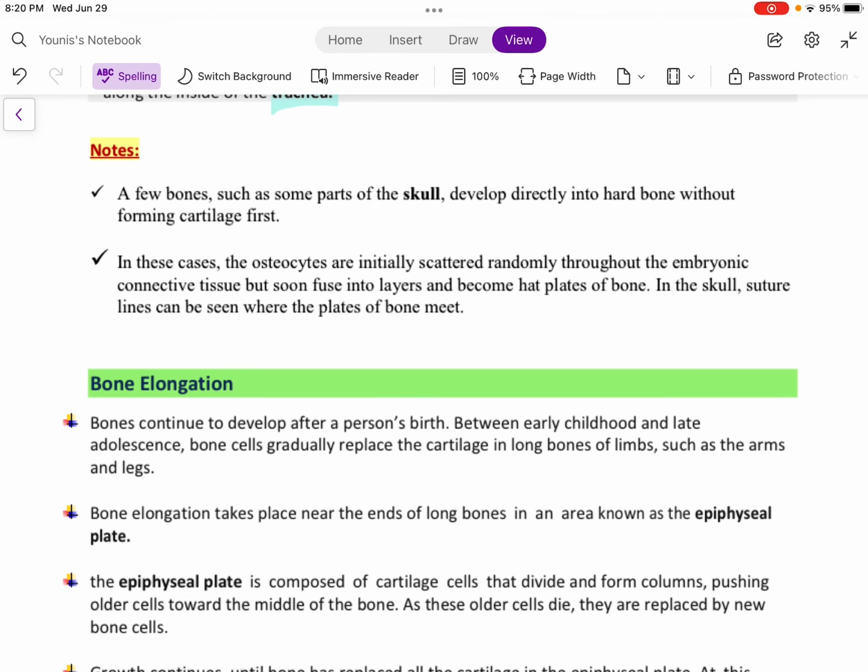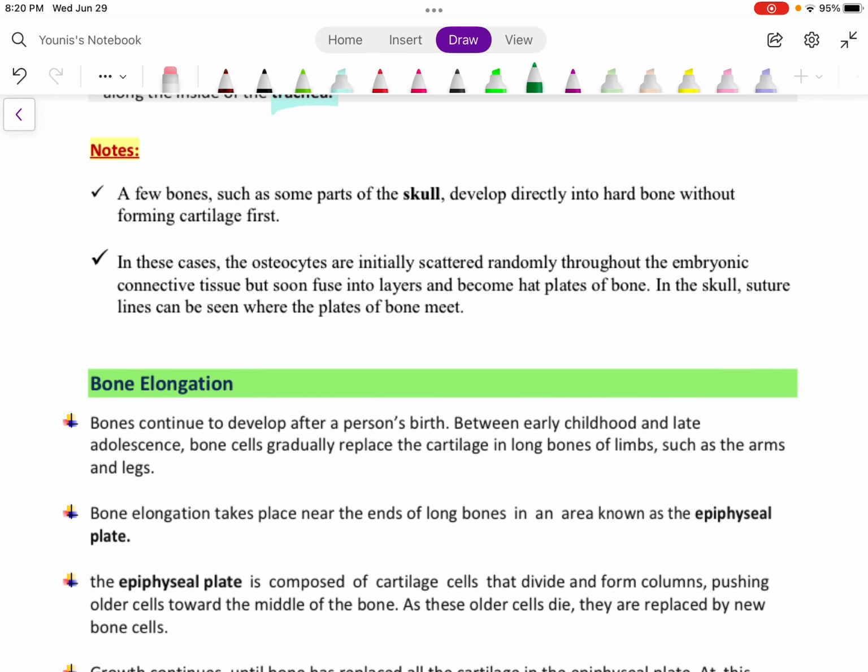You see there are two notes. One of them states that some parts like the skull don't go through the cartilage stage of skeletal development. During the embryonic development in early stages, the connective tissue is not developed into cartilage, but rather directly develops into bone.